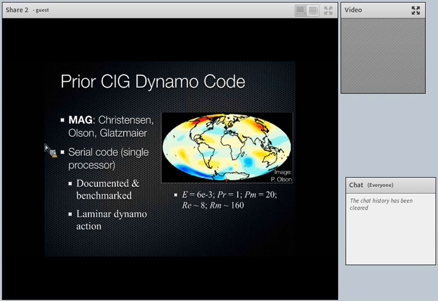So here's a nice image from a movie from Peter Olson, and in this relatively standard simulation from MAG, the Ekman number has a value of 6 times 10 to the minus 3, so roughly almost 10 to the minus 2. And the Reynolds number of the flow then is about 8. And that's why I'm saying these are basically laminar simulations.